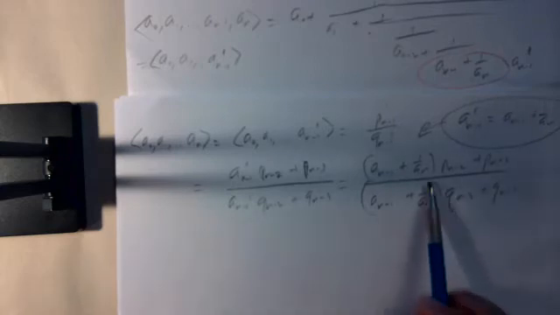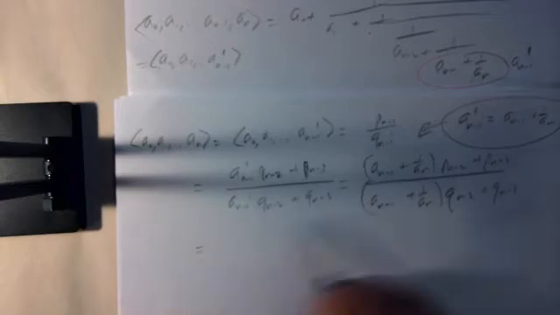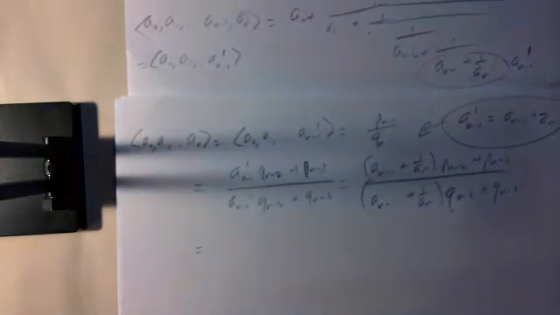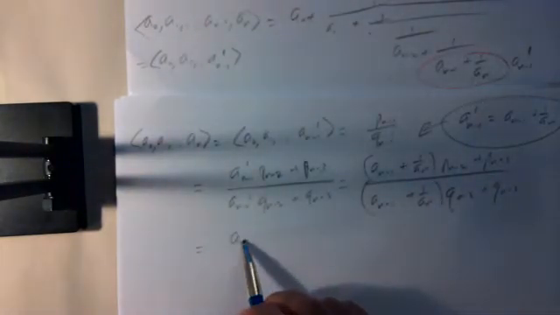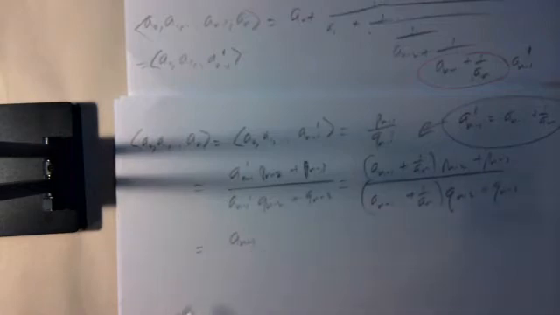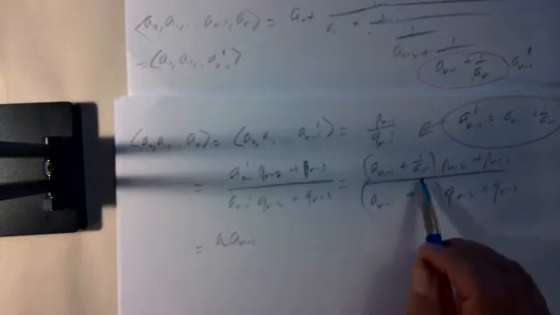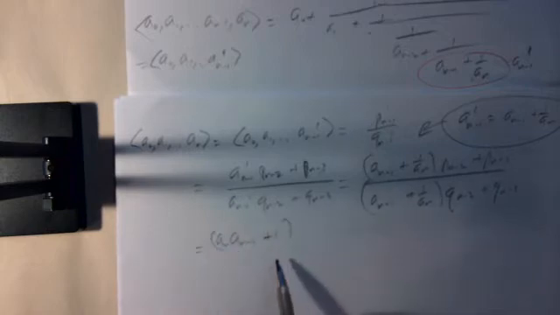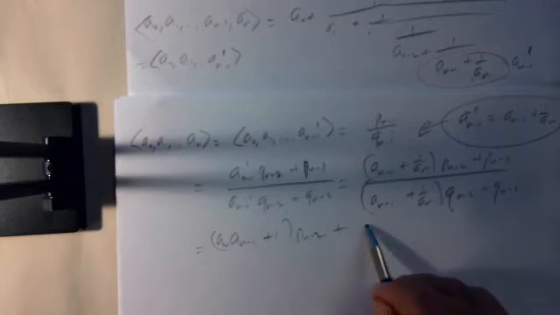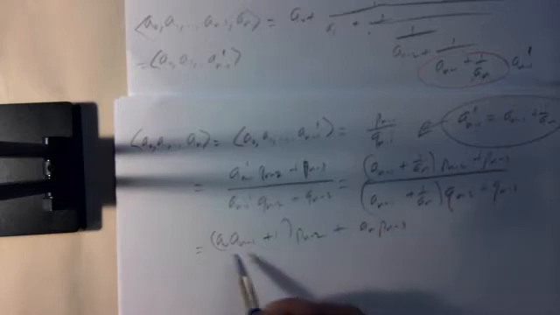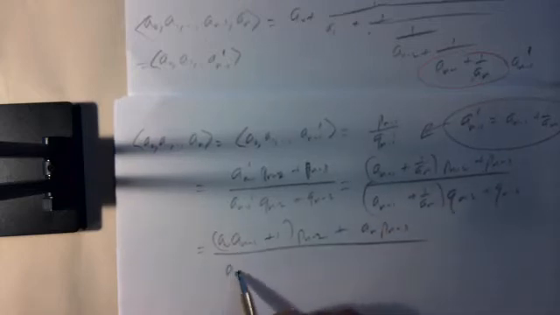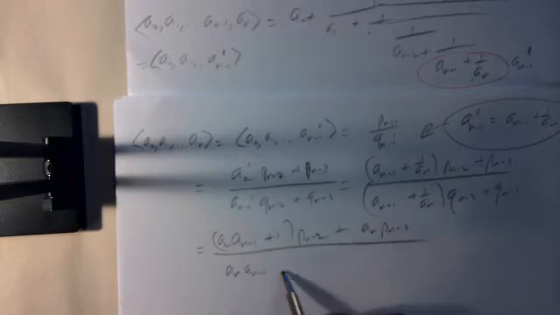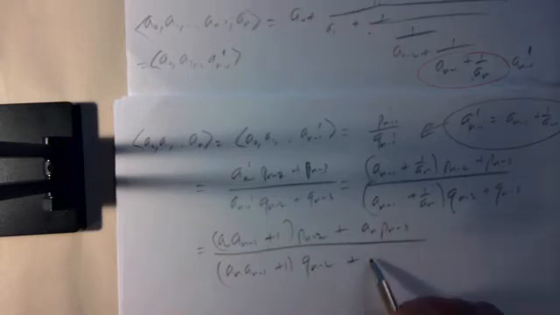Let's multiply through by a n to clear the denominators in the numerator and denominator. I'll do it in several steps. I get a n times a n minus 1 plus 1, p n minus 2 plus a n p n minus 3, over a n minus 1 plus 1 q n minus 2 plus a n q n minus 3.